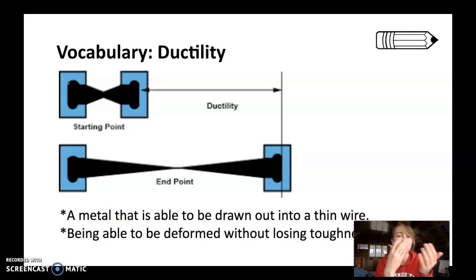So examples of this, you can think of any jewelry basically. A lot of jewelry is silver. Jewelers often use a hammer to make jewelry much flatter or skinnier, and they can do that without the silver losing any of its hardness.